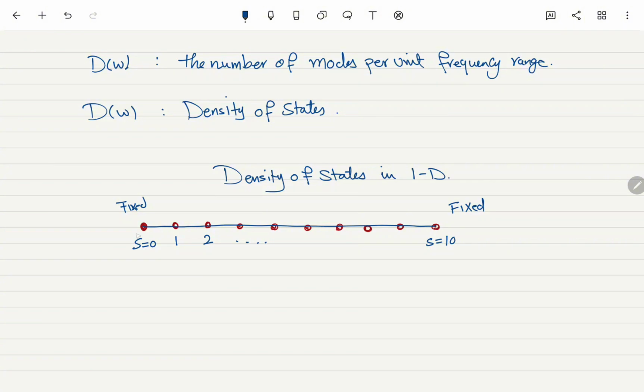So both ends of this one-dimensional line are fixed, at the position s equal to 0 and at the position s equal to 10. The separation here is a, and the displacement is u_s in this case. The total length of this line is L.